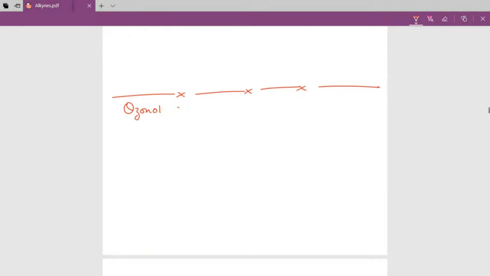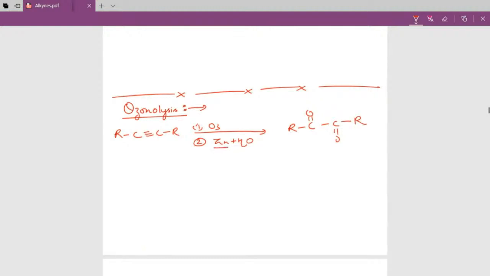As far as ozonolysis is concerned, alkynes do show ozonolysis. First, ozone. Second, we'll have zinc plus H2O. Then by the same similar ozonide, molozonide formations, you may have 1,2-diketones. Whenever zinc is written here, please give your answer as diketone.